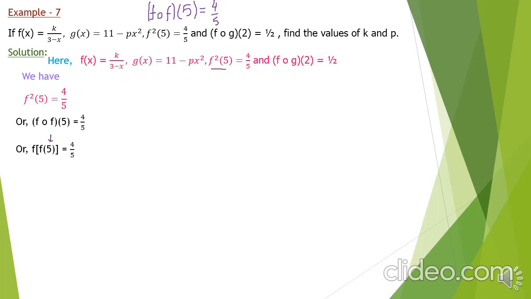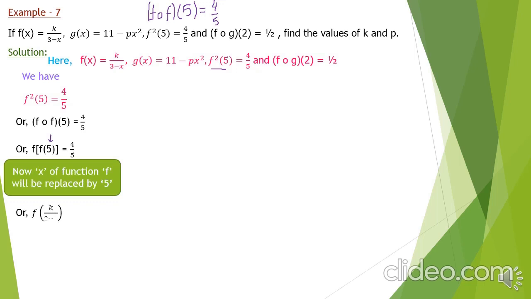The x of function f will be replaced by 5. It's very easy. So f(5) is 3 minus 5, because x must be replaced by 5 since our input is 5.